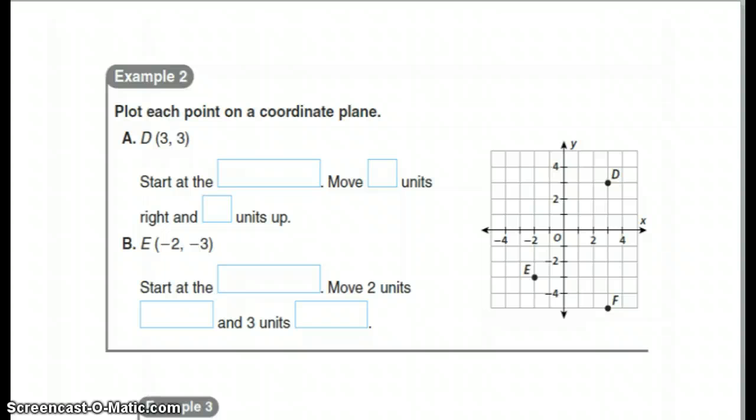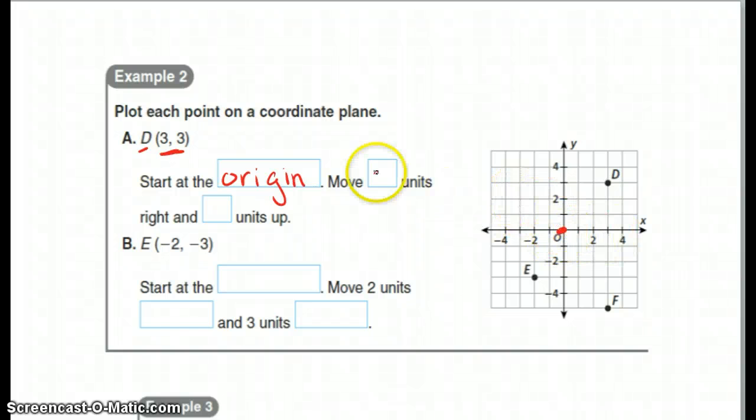Now we're going to plot. So I'm going to do D at 3, 3. So at first I start at the origin, which is the 0, 0. So I'm starting here.